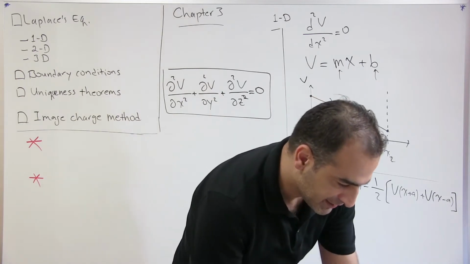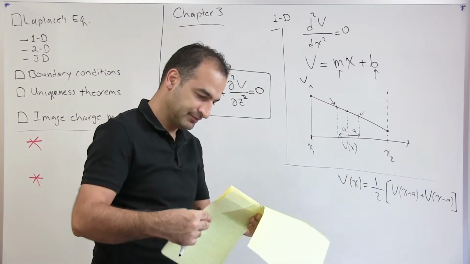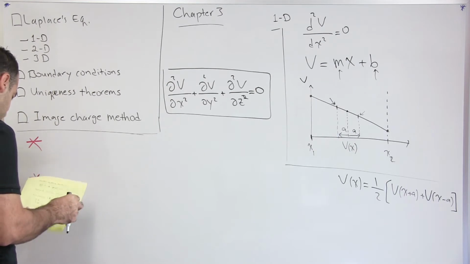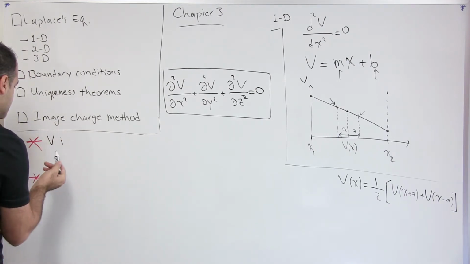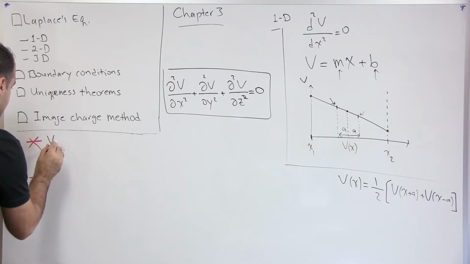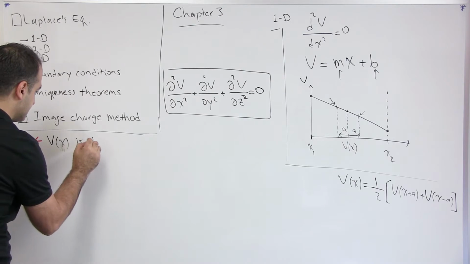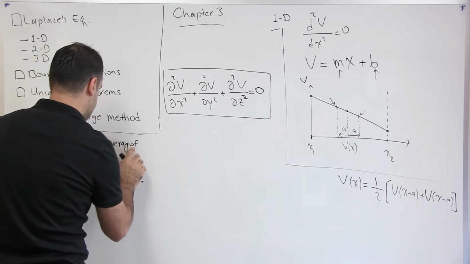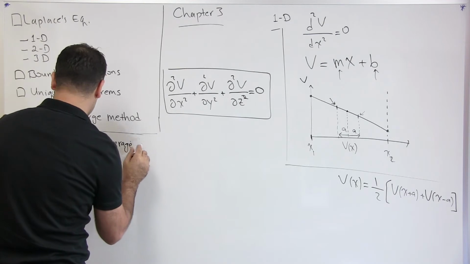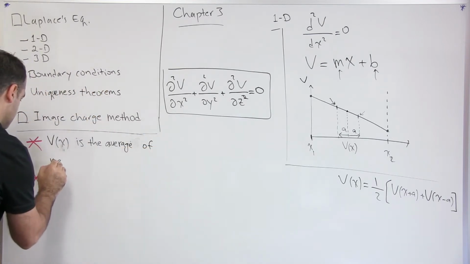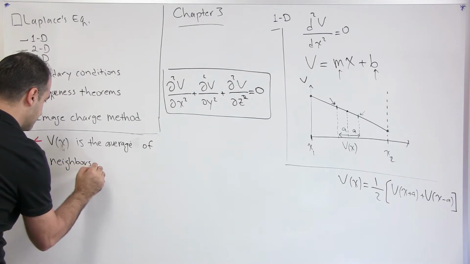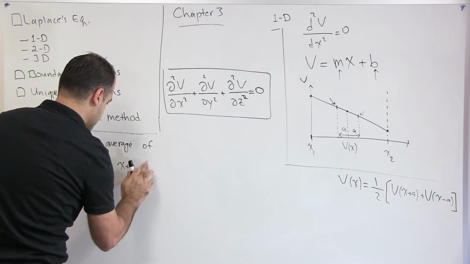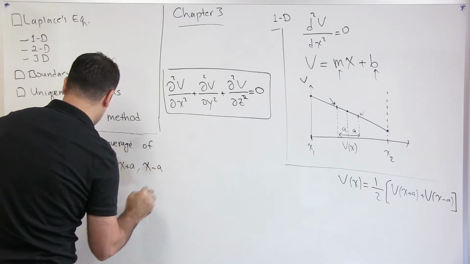Okay, and I'm gonna write that in this, that V at x is the average of the neighbors at x plus a and x minus a.